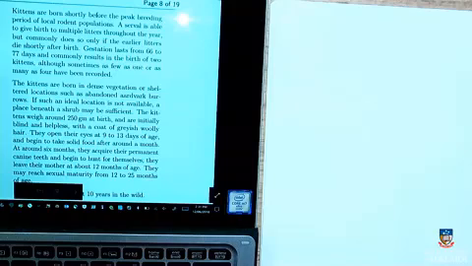Okay, so we don't care about multiple litters then, because the other ones are dead. Gestation lasts from 66 to 77 days, and commonly results in the birth of 2 kittens, although sometimes as few as 1 or as many as 4 have been recorded. Right, that seems like useful information about the number of kittens born in a litter.